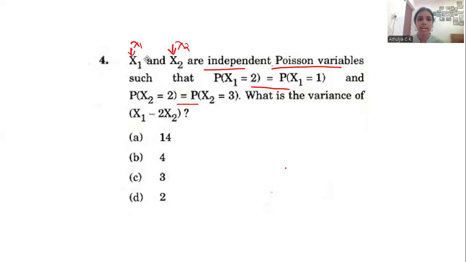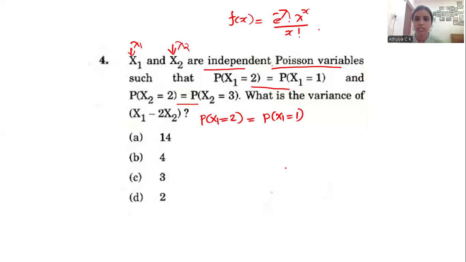So let's find the values of the parameters lambda 1 and lambda 2 separately. First, using the first condition, we'll write it down: P(X1 = 2) is equal to P(X1 = 1). We know that for a Poisson distribution, the probability density function is f(x) equal to e raised to minus lambda into lambda raised to x divided by x factorial, right?